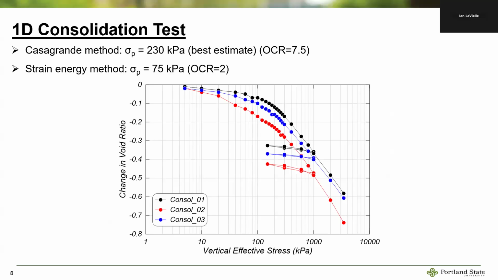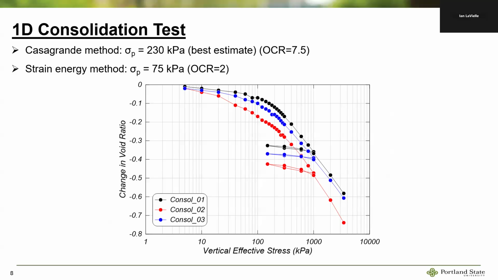If you use the Casagrande method, our best estimate of pre-consolidation stress comes out to about 230 kPa, right about there. If you use the strain energy method, it will be lower, somewhere around 75 kPa.